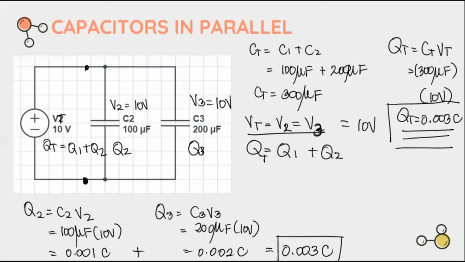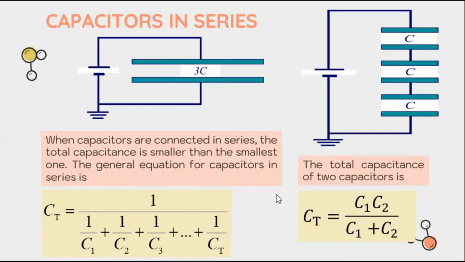Okay, next, capacitors could be also connected in series orientation. So when capacitors are connected in series, the total capacitance is smaller than the smallest one. The general equation for capacitors in series are just like this one.